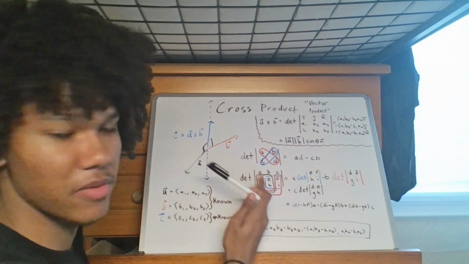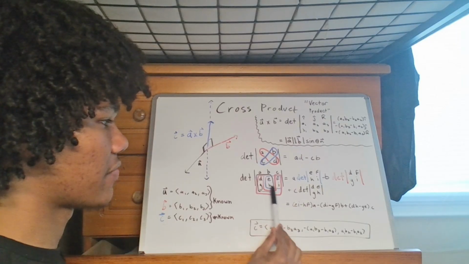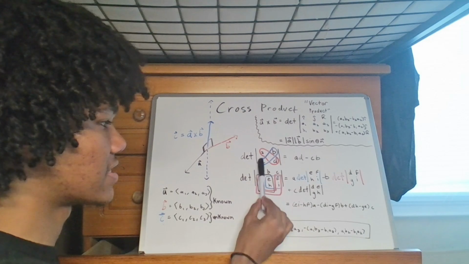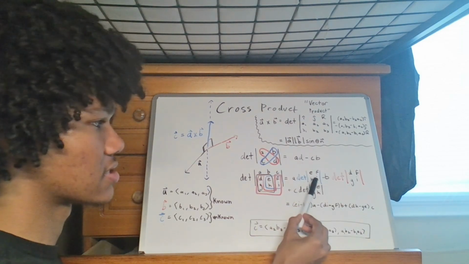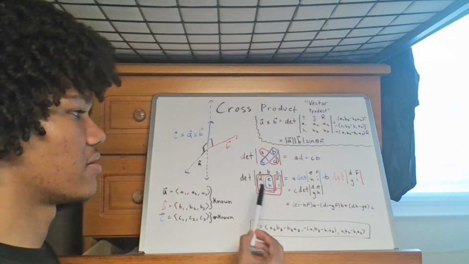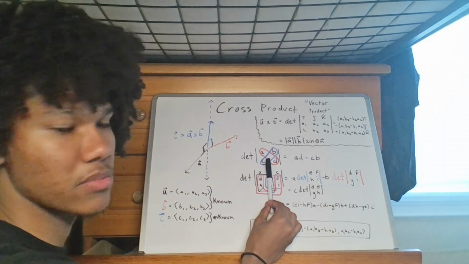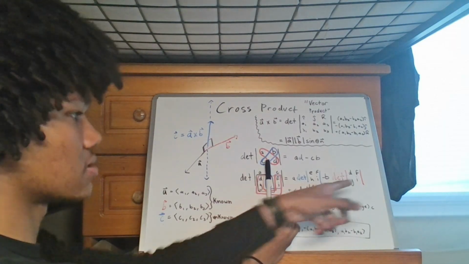You don't use anything from the first column. And then you look at this box right here. You're going to take the determinant of this box that's not in this column, which is this 2 by 2 determinant. And then the second term would be when you don't use the second column and use the determinant of the remaining values below it, which is here.